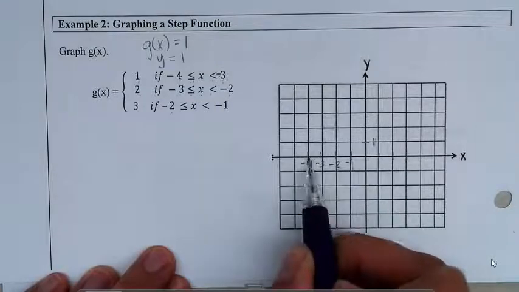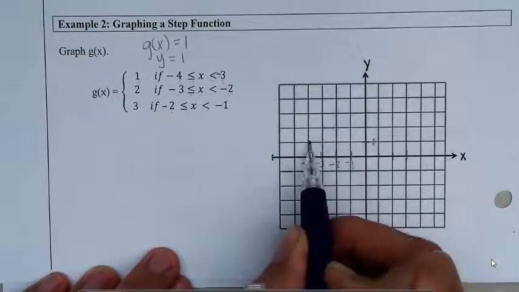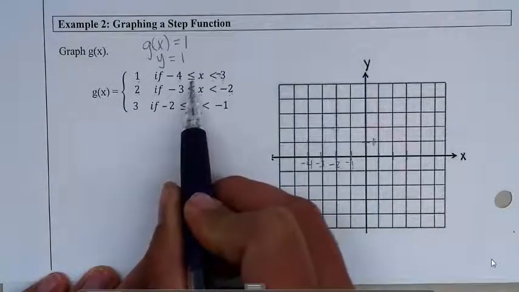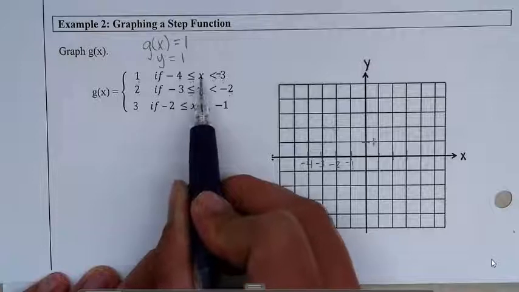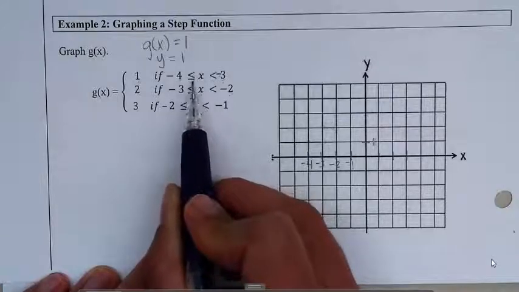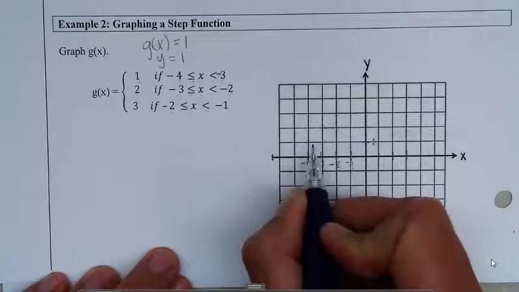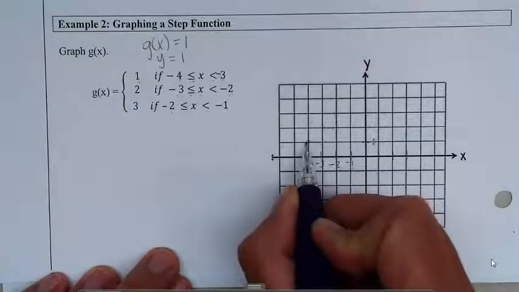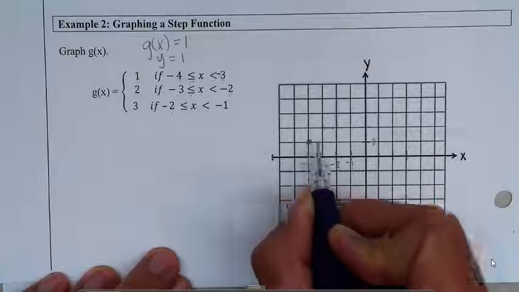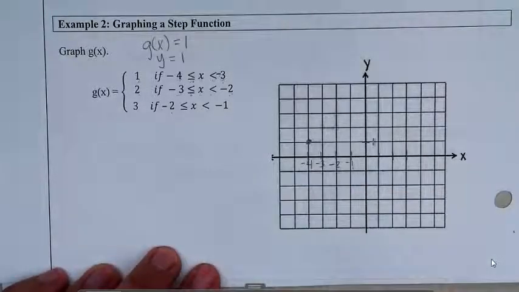Okay, so at -4, my graph y equals 1 starts. And now x can actually equal -4, right? It can be greater than or equal to -4. So at -4 on the x-axis, I'm going to start my y equals 1 graph, and I'm going to have a solid dot there.